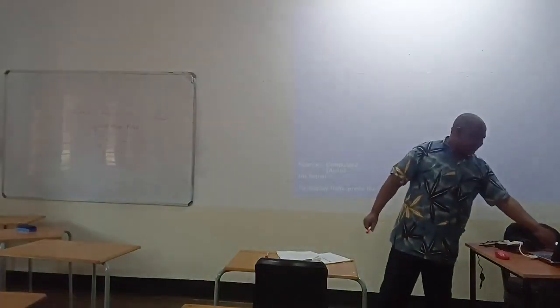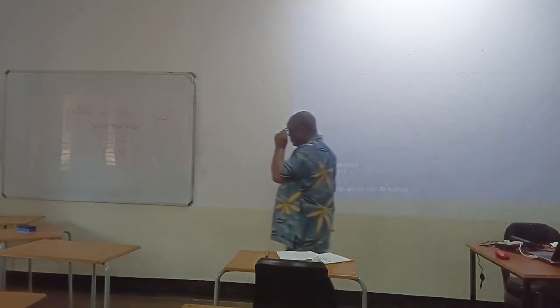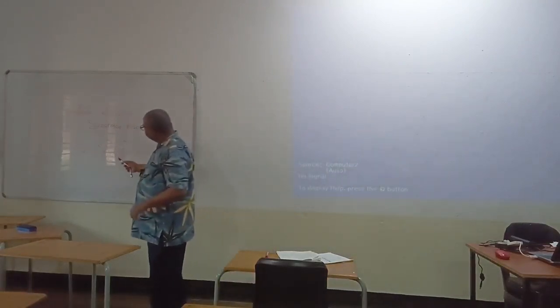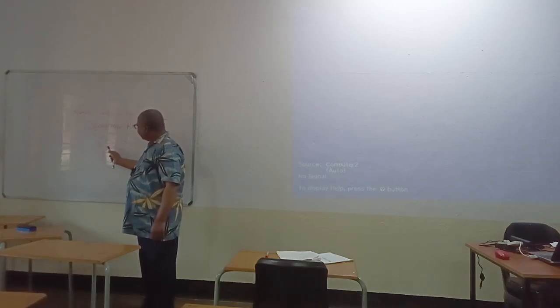That's the formula. 6 sum of d squared divided by n times n squared minus 1.